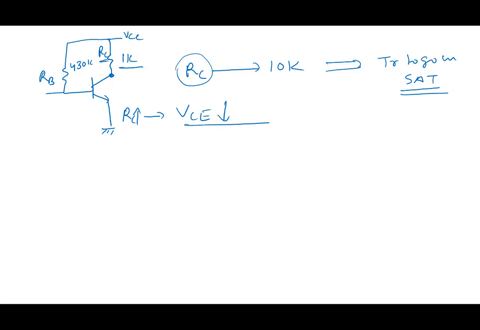That's one way. The other one is, suppose instead of RB equal to 430K, what if I decrease RB? What is the effect of decreasing RB?